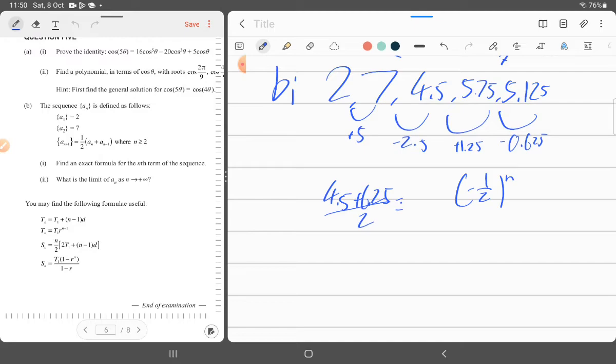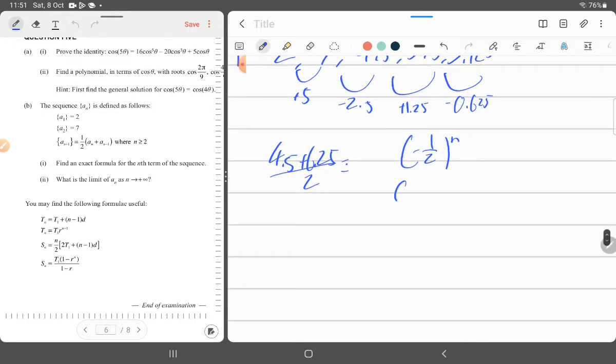Oh wait. Then t1 plus t1 equals 2 plus t2. So I think we can just say 5 because negative half to the power of n.